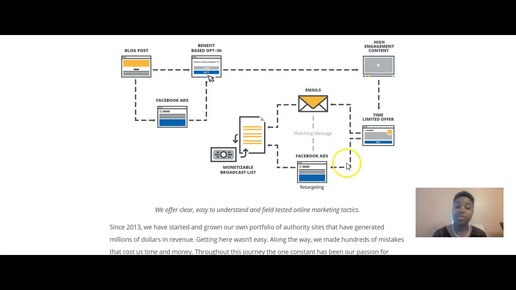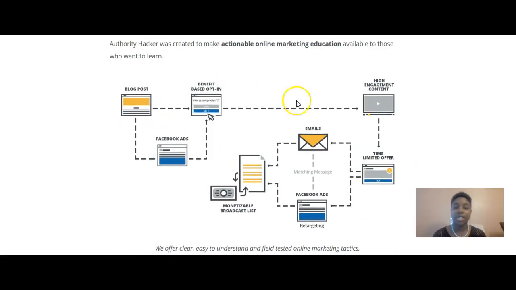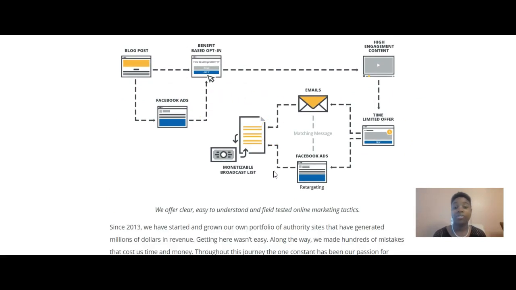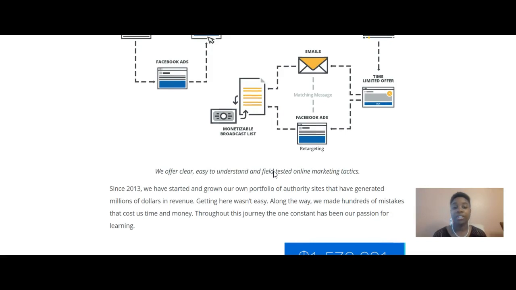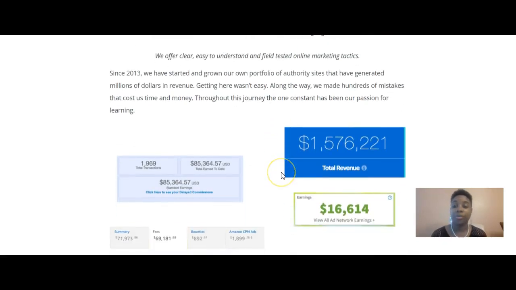You send them through emails or you do Facebook retargeting ads, and then you monetize, send them to a monetizable broadcast list. So this is a cool funnel that they have going on that I've seen work effectively for different people. So it's something you may also want to consider as you're building out your business.